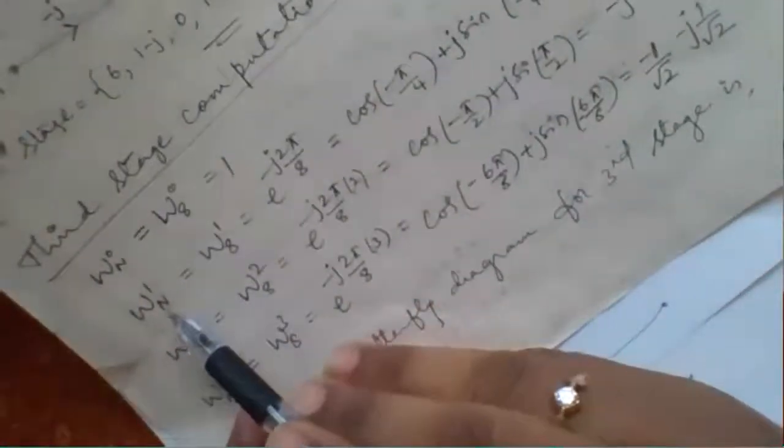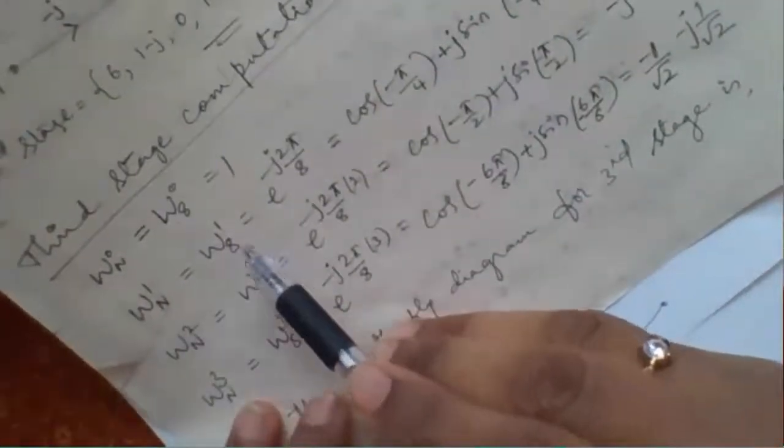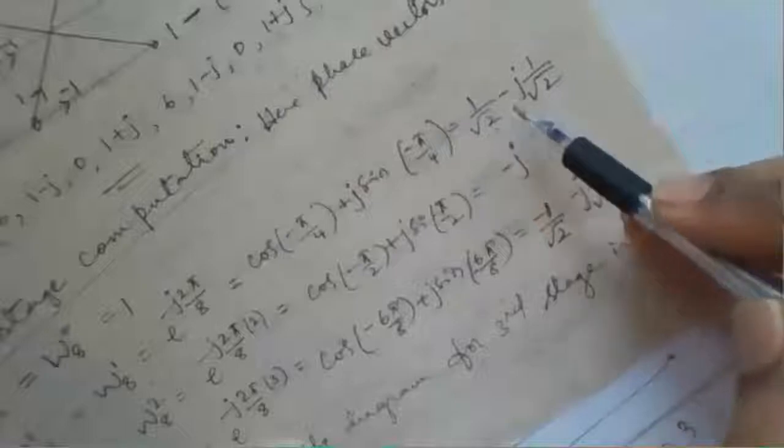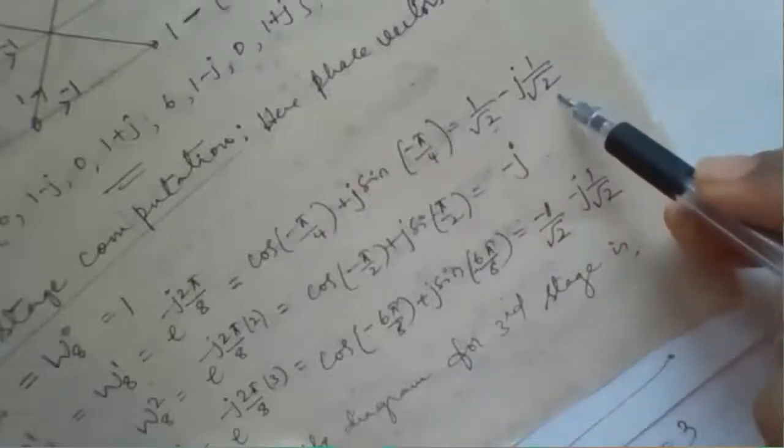Before writing onto the first stage, you need to compute them. W raised to 1 suffix 8, its value will be 1 by root 2 minus j 1 by root 2.